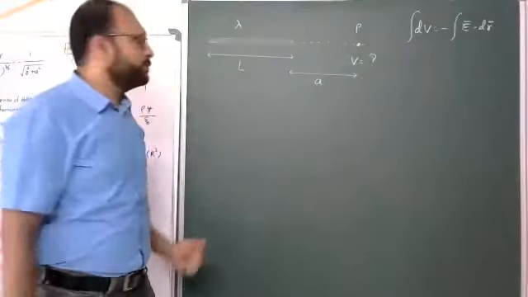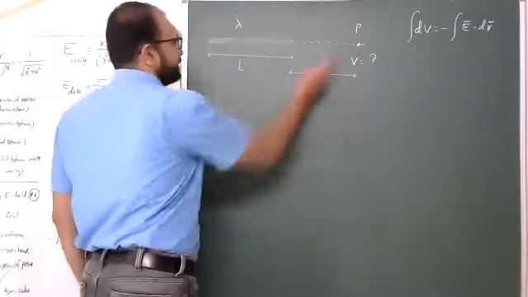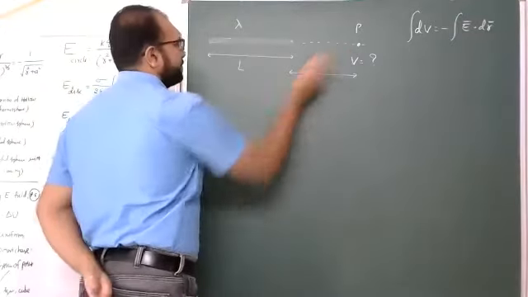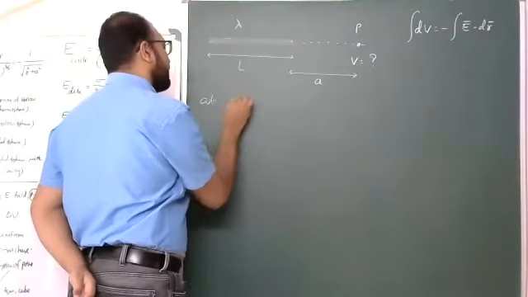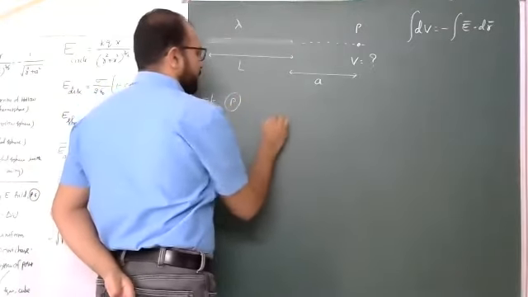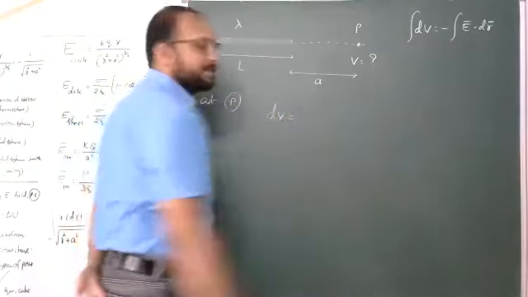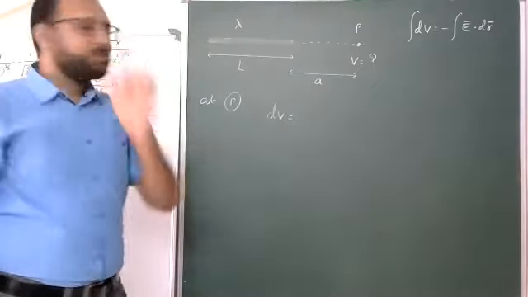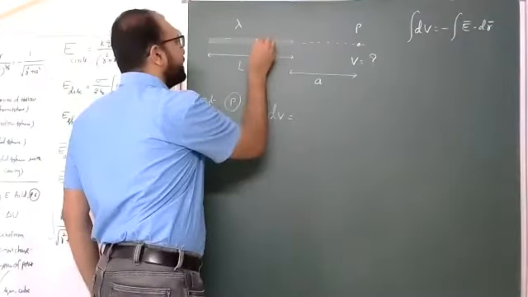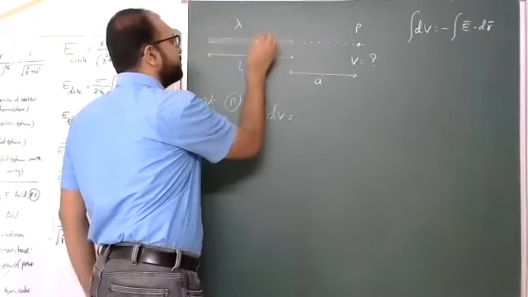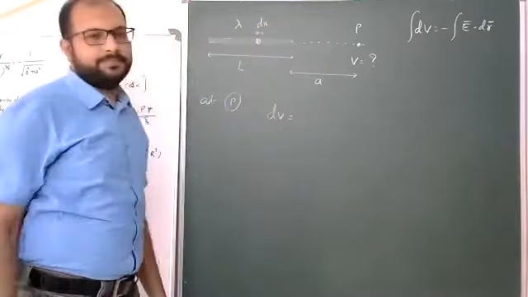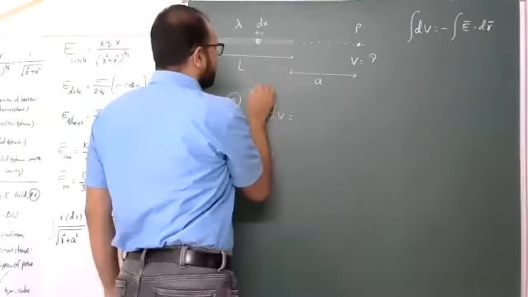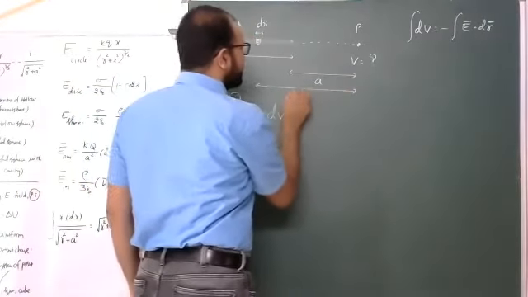Method number two, directly at point P, potential due to one small strip. One small strip I am taking, with thickness dx, and from here to here the distance is x.